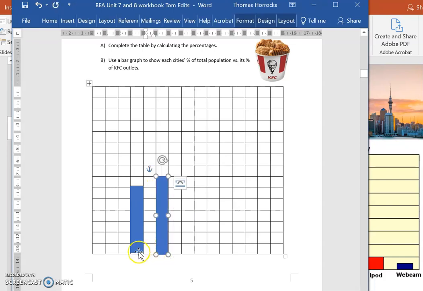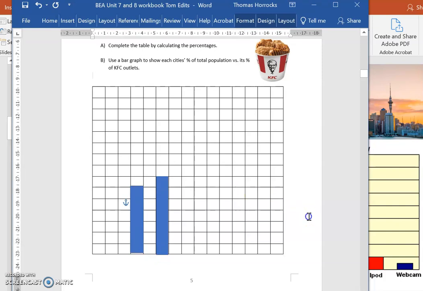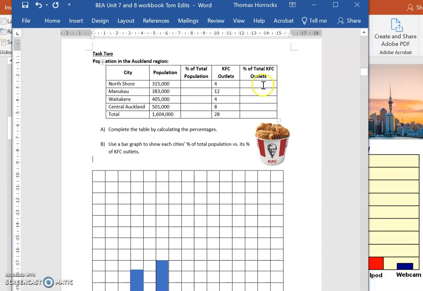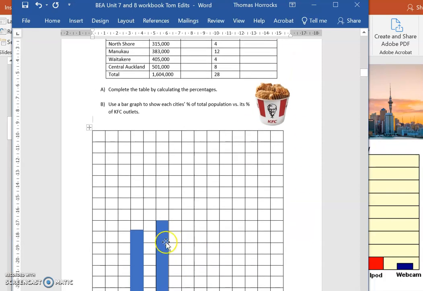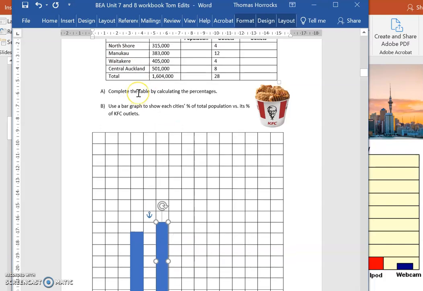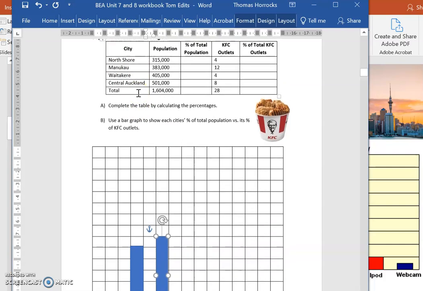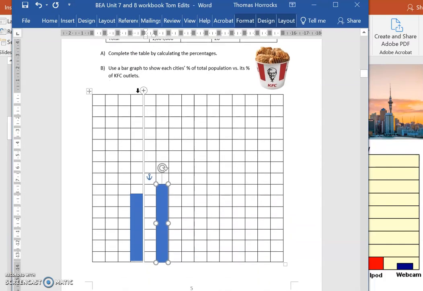Okay, so gentlemen, there's a little bit of data to put on this one because we're going to be plotting both the percentage of total KFC outlets and the percentage of Greater Auckland population on there.